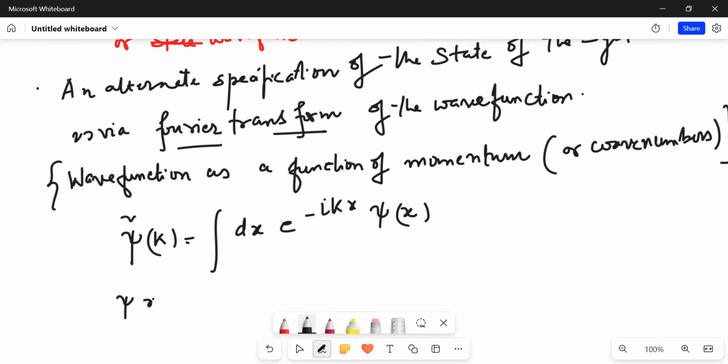And if you again want to write our wave function in position or coordinate space, I'm going to again take a Fourier transform. Usually it is called an inverse Fourier transform, but that's fine. Both of them are Fourier transforms of each other.